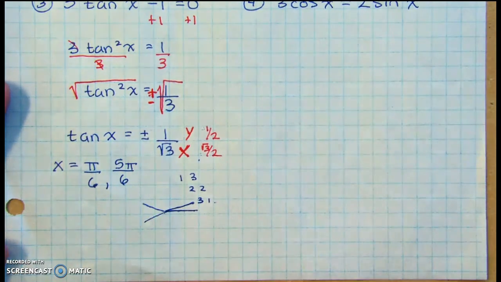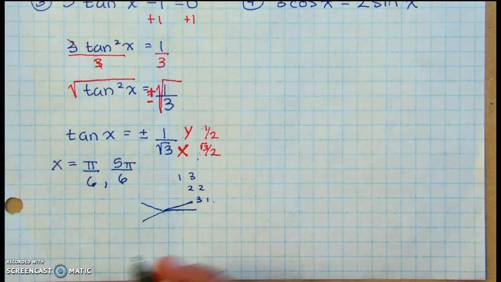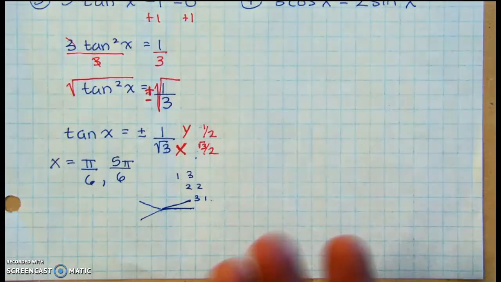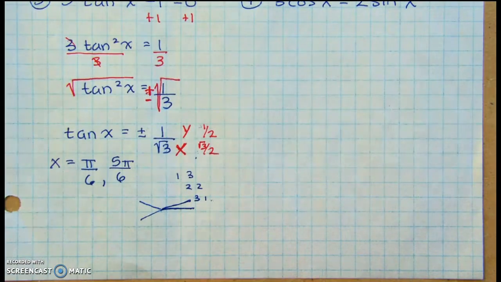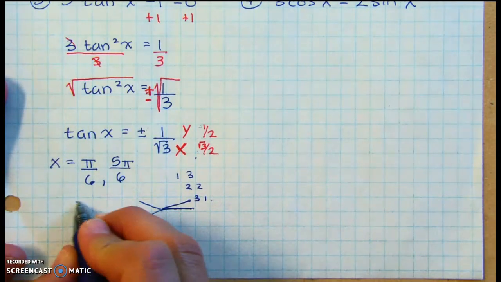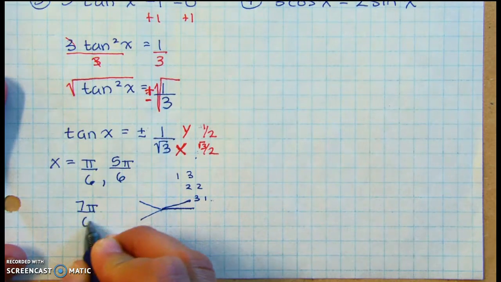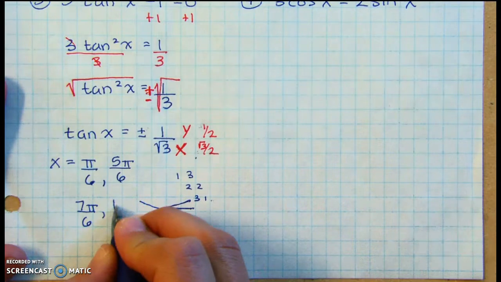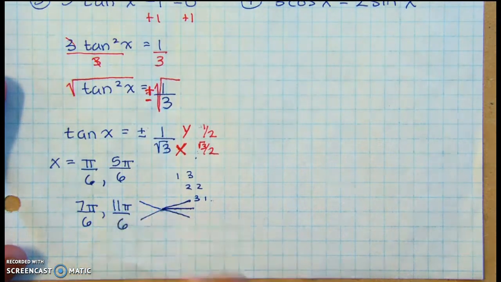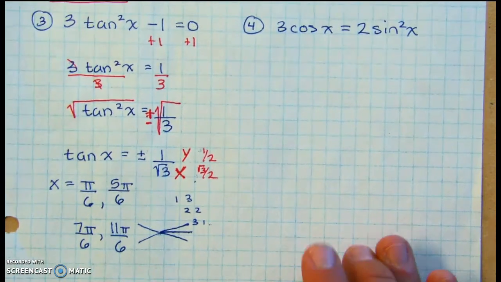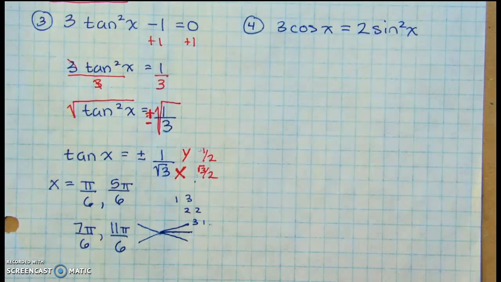Is that one of our answers too? Yeah, they would both be negative. A negative divided by negative is a positive. So we're actually going to have 4 answers this time. Are you getting where I'm going? Okay, so pi over 6, 5 pi over 6, 7 pi over 6, and then in quadrant 4, is that the 11 one? Is that cool? Fun, fun. Each of these a little bit different, but the knowledge of the unit circle is super important.